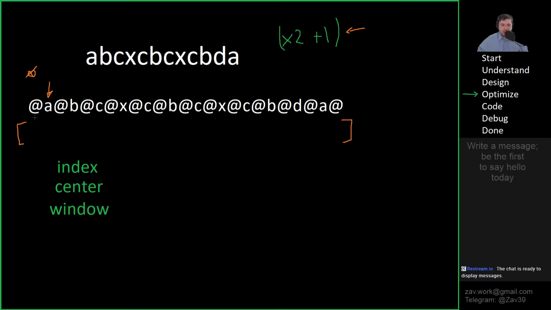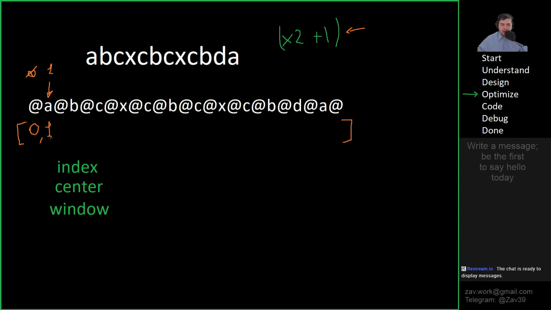So for example, for the first symbol, it will be 0, since there is no palindrome. When we go to index 1, to letter A, we compare the symbols near A, and they are the same, so the length of this palindrome will be 1.